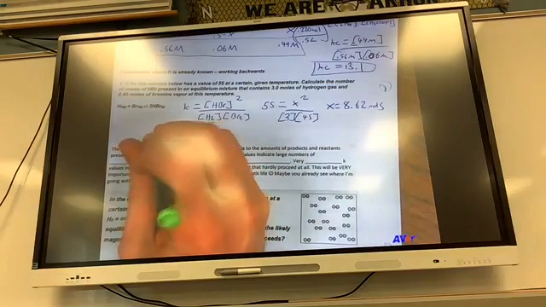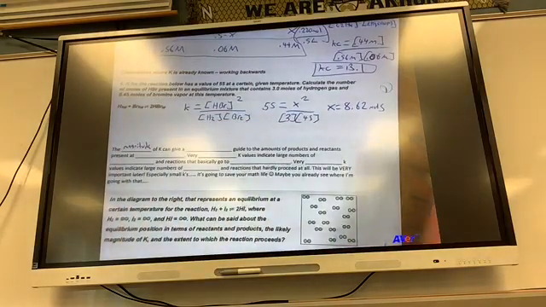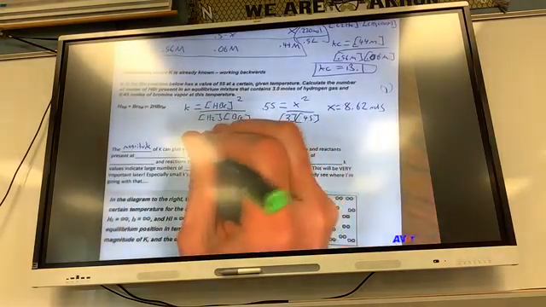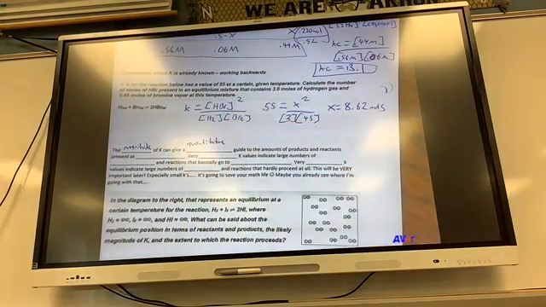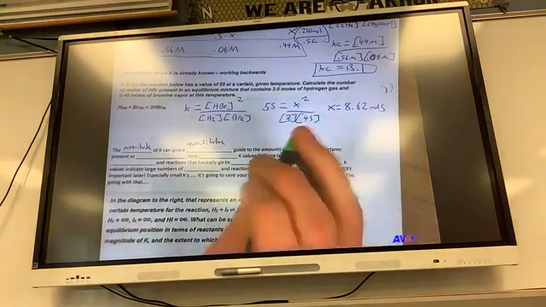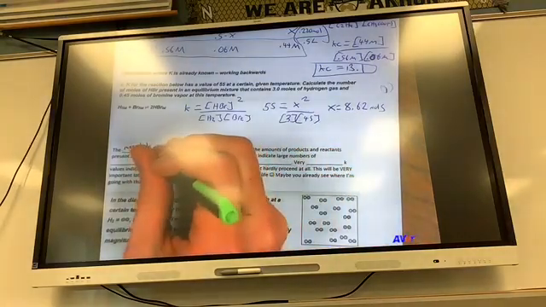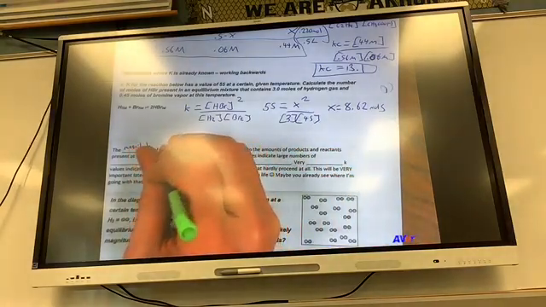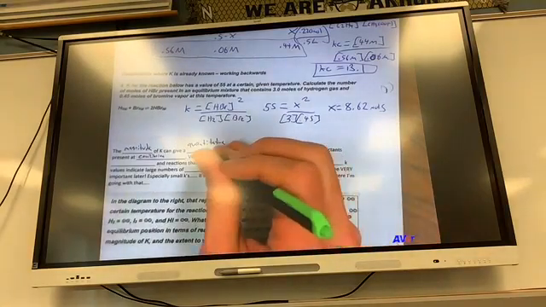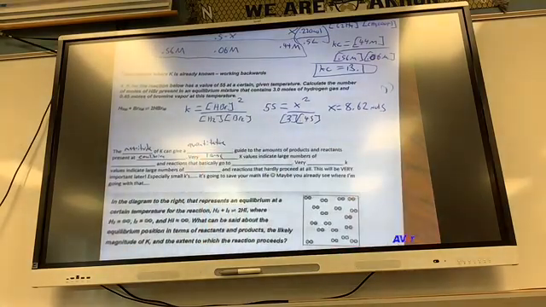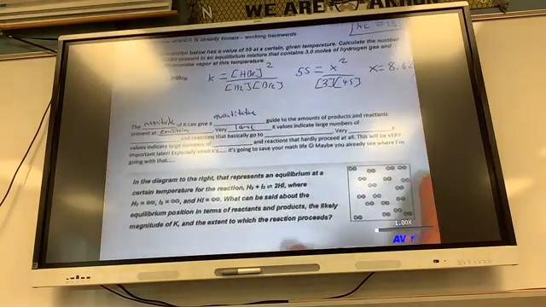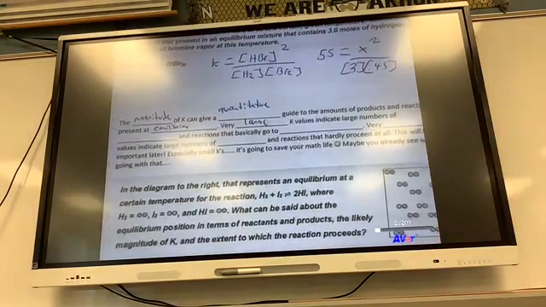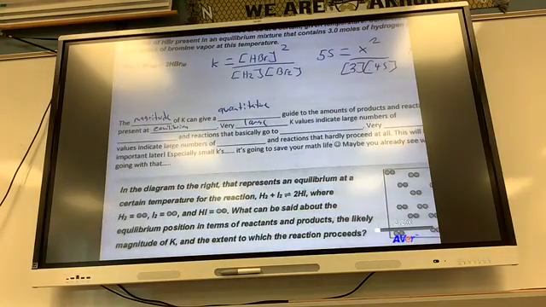The magnitude of K can give a quantitative guide to the amounts of products and reactants present at equilibrium. Very large K values would indicate large numbers of what? Products.